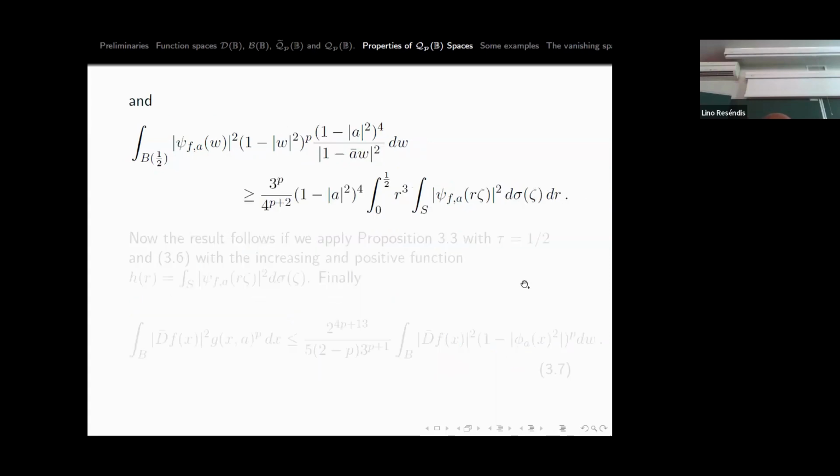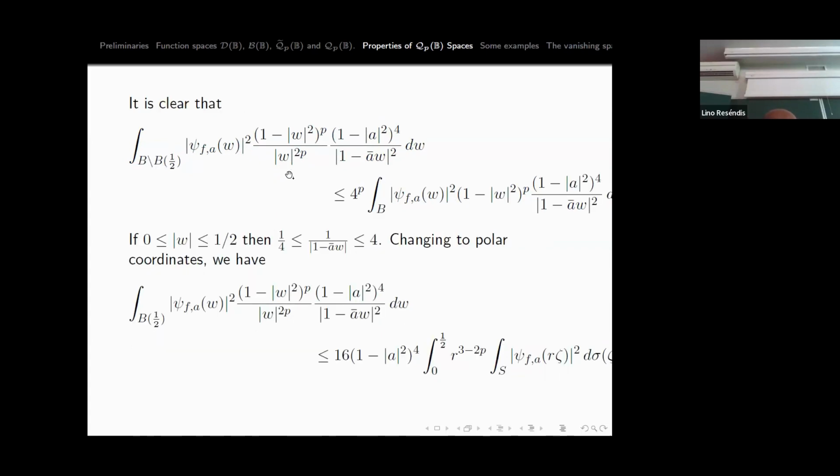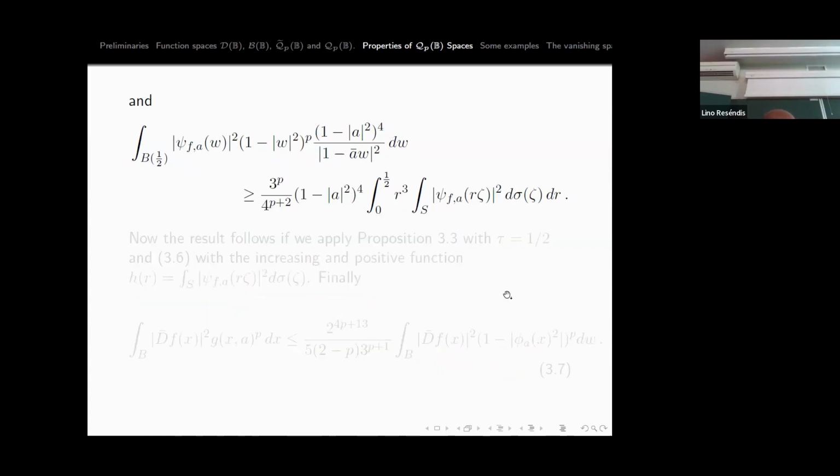And also for the other definition, we have this estimation. And again we get this estimation, and here is the other part, r to power 3, and the same function here.